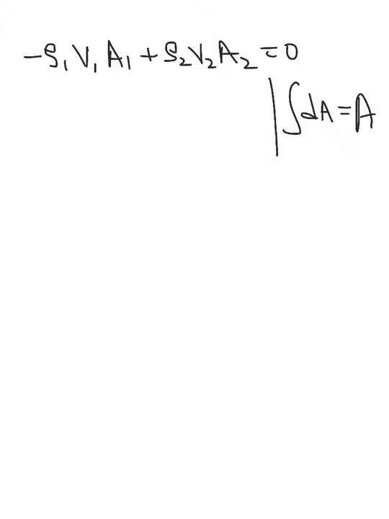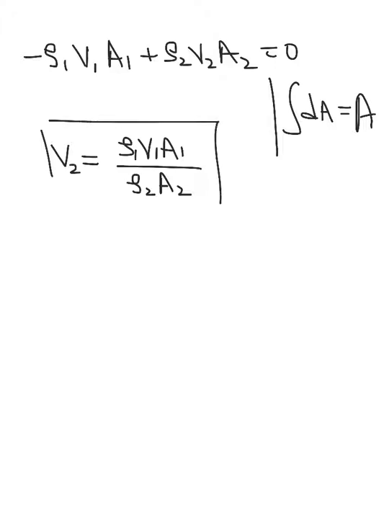Utilizing this definition, I have put the value of the area at control surfaces 1 and 2, A1 and A2. Simplifying further, I can easily write down the value of V2, which is rho 1 V1 A1 divided by rho 2 A2. That is the equation that I have obtained to calculate the velocity at the exit of the converging duct.